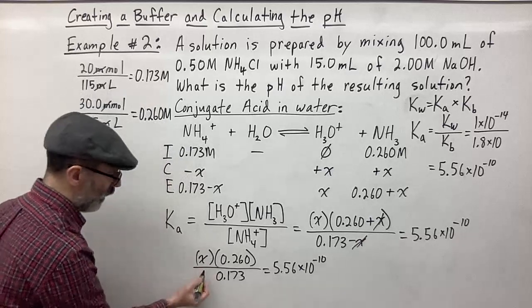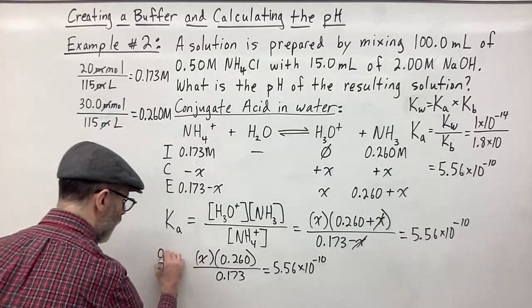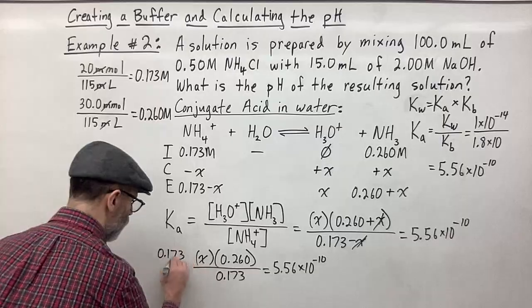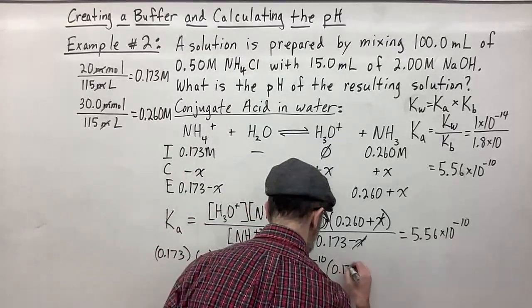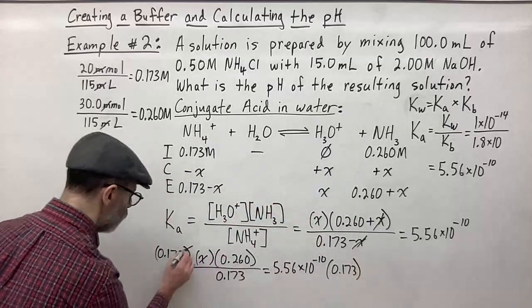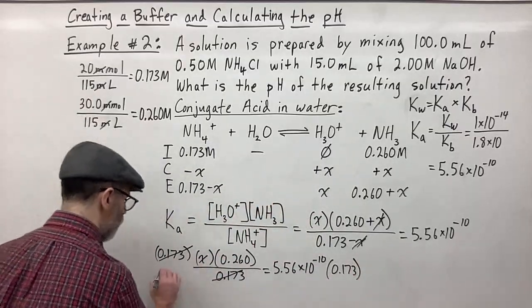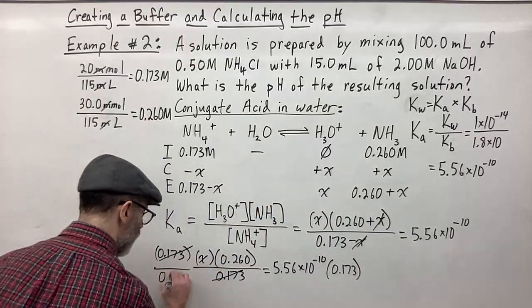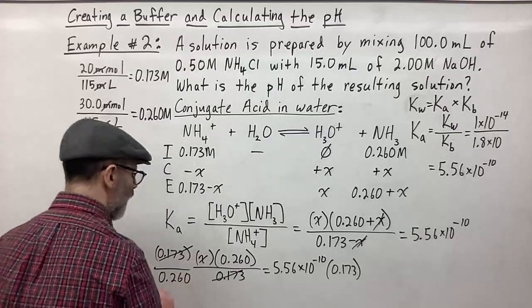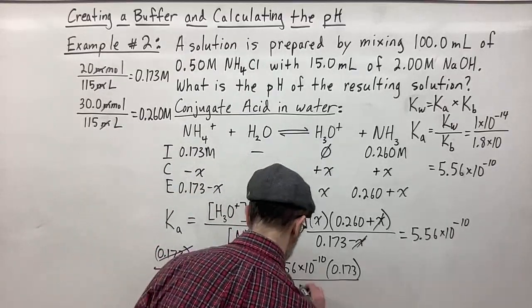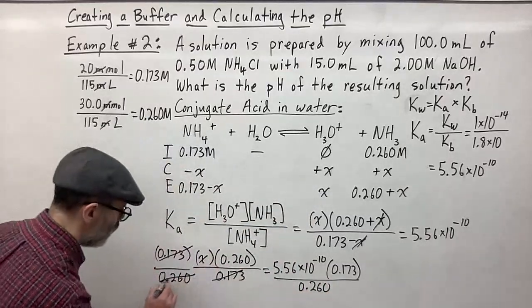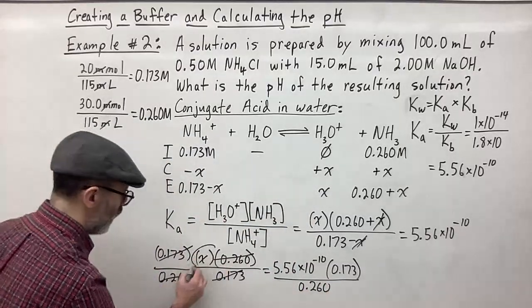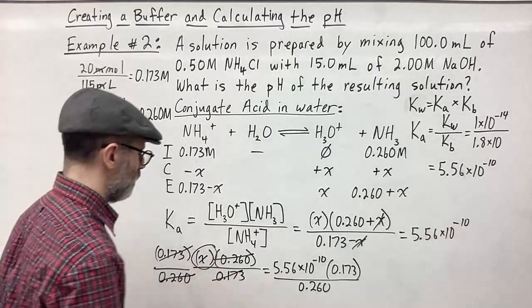So we just solve for x. So we multiply by 0.173 on this side and this side, so that cancels out. Now we divide by 0.260 on this side and on that side, so this cancels out. Now we have x equal to this.